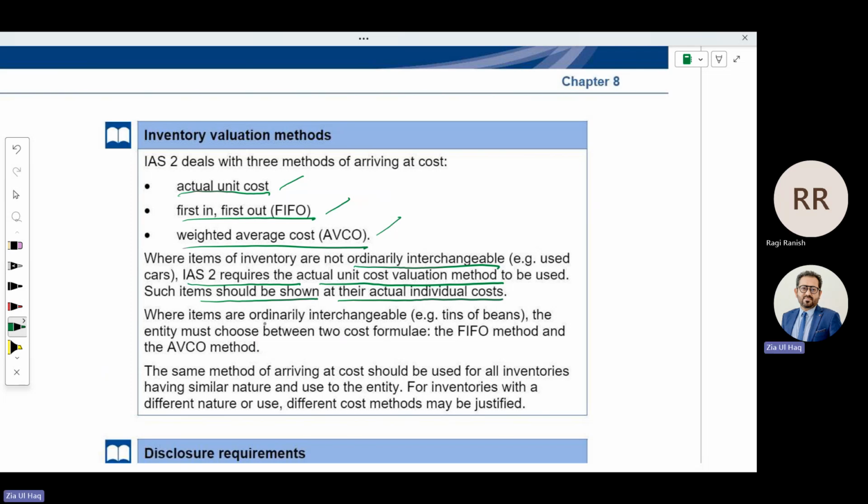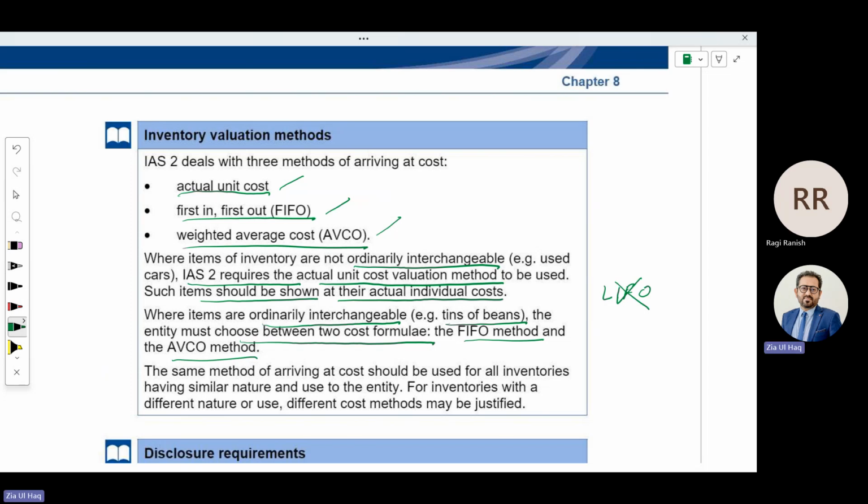Where items are ordinarily interchangeable, for example, tins of beans, the entity must choose between two cost formulas, either FIFO or AVCO. There was one method, LIFO, but that is eliminated now. That was a bad method. The item coming later would be out first.